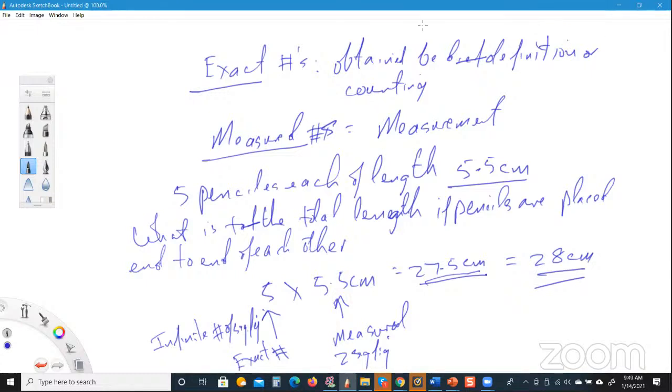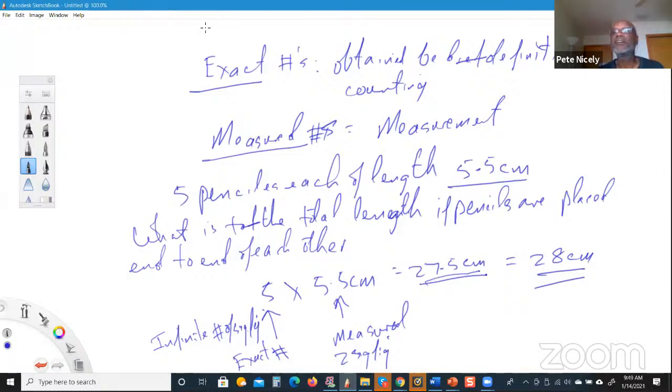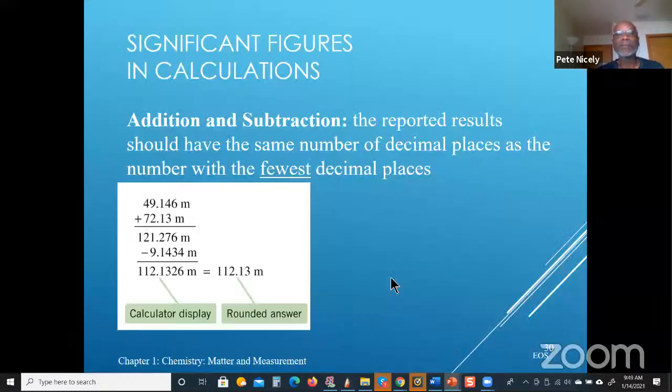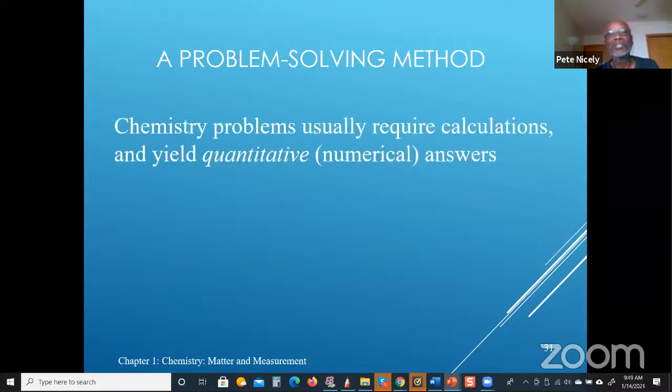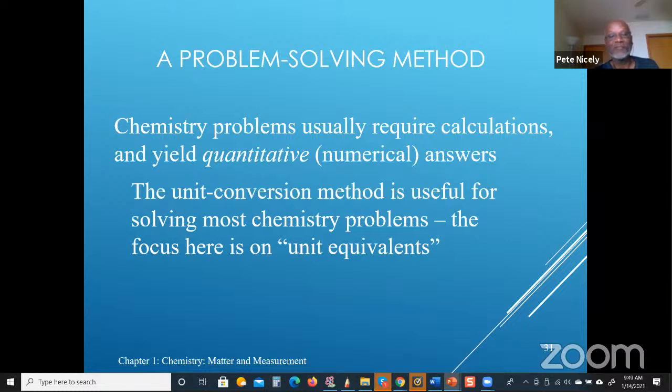All right, so let me get out of this here and go back to, okay, so what we're going to talk about basically, again, this is something you should have learned in your previous chemistry experience. How do we solve problems, especially problems when it comes to conversion from one unit to the next, all right?